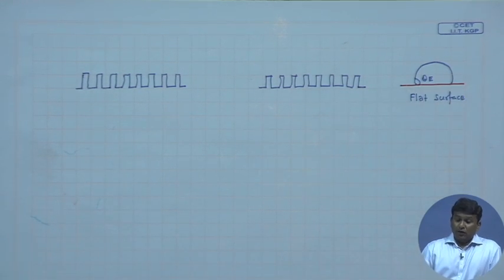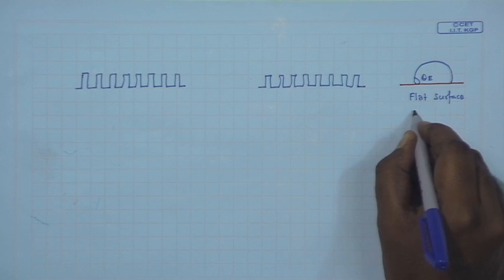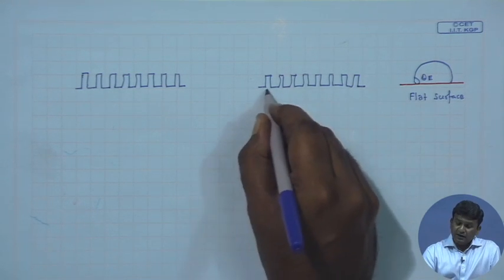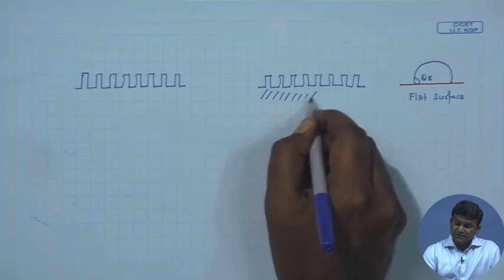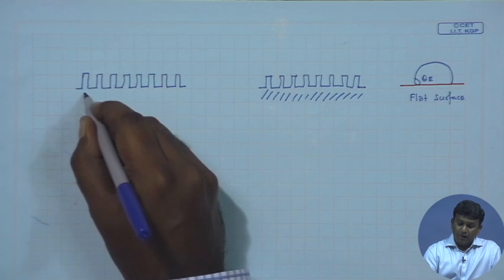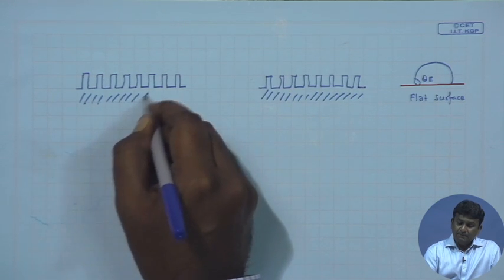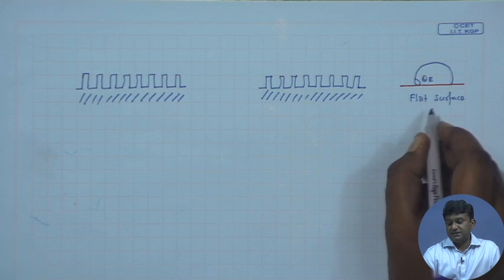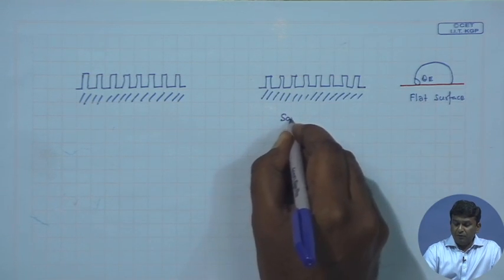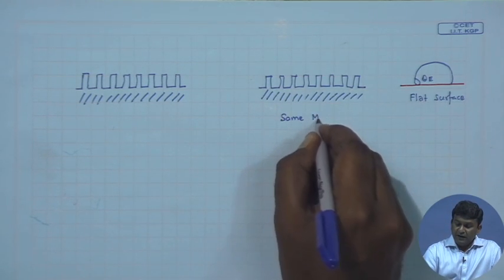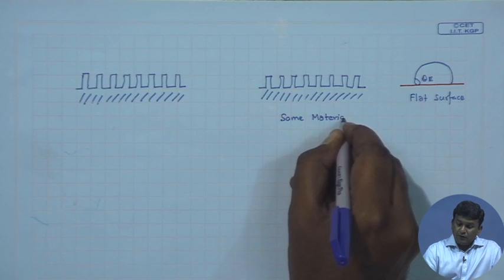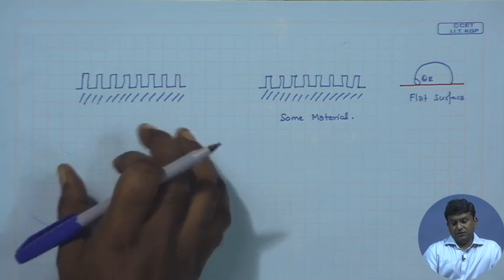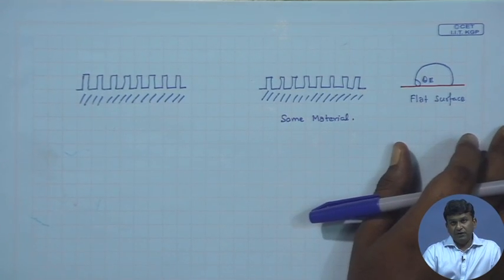Now, what we have taken are structured surfaces of the same material over which a liquid, let us say water, was exhibiting an equilibrium contact angle of theta e.